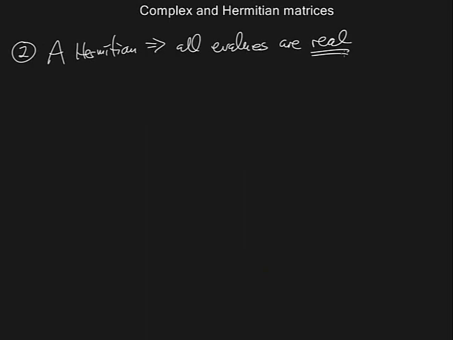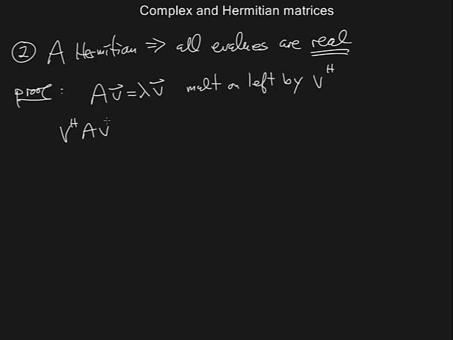Okay. The next important thing is if you have a Hermitian matrix, all of its eigenvalues are necessarily real. So it's a complex matrix, but its eigenvalues are guaranteed to be real. So let's see. Suppose AV is equal to lambda V. Just multiply this equation on the left by V^H. V^H A V is equal to lambda V^H V. V^H A V is real by the first part.